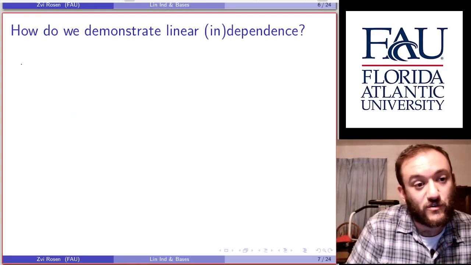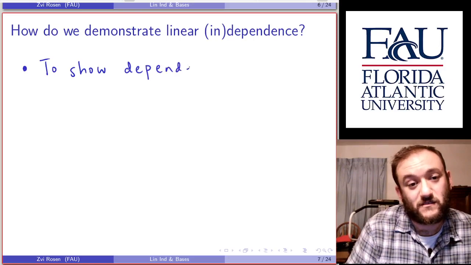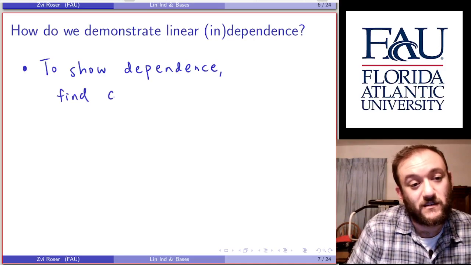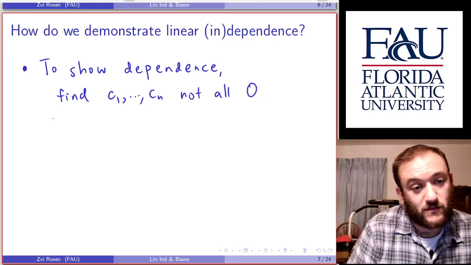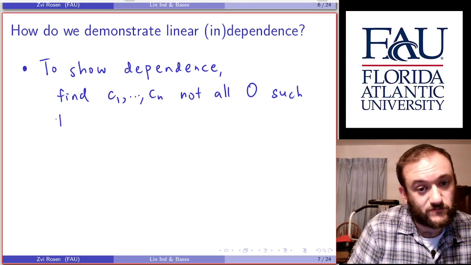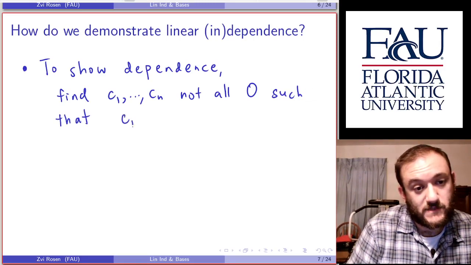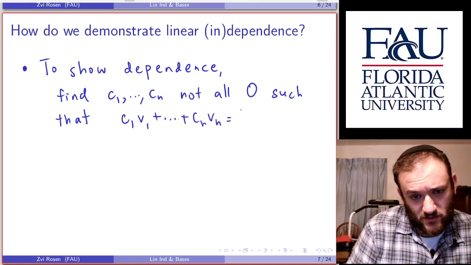So to show dependence, find c1 through cn not all equal to 0, such that c1 v1 plus up to cn vn is equal to the 0 vector.